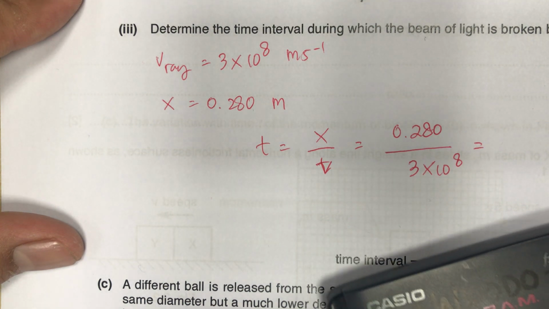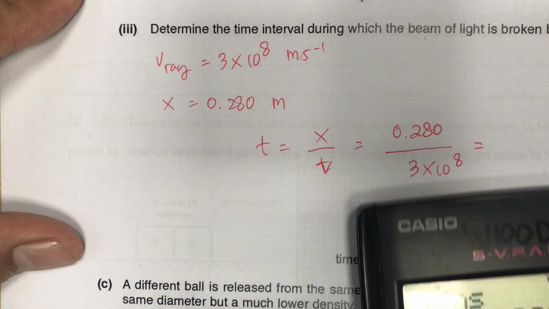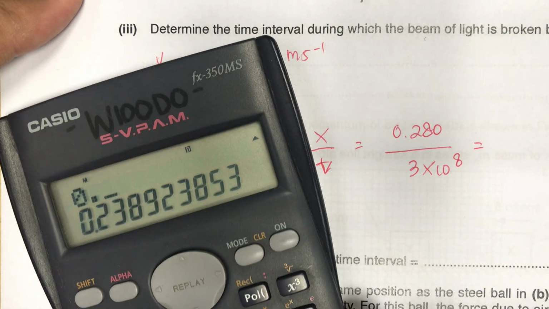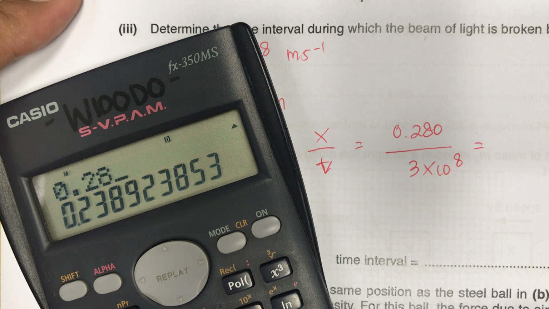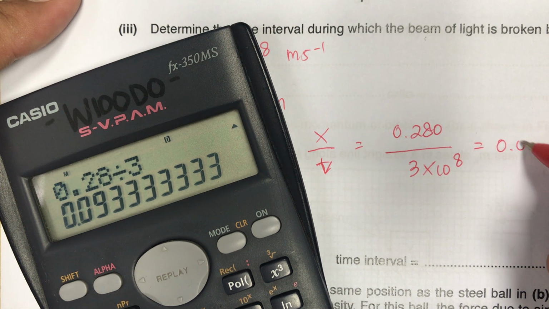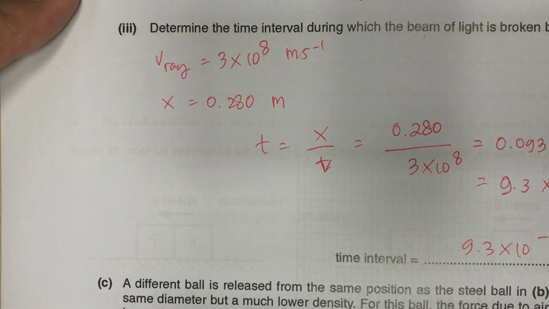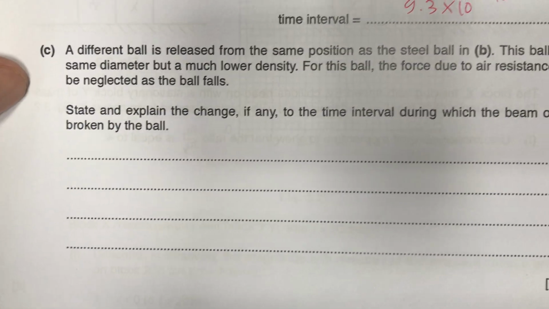So 0.28 divided by 3 is around 0.093, times 10 to the minus 8. So we can say this is around 9.3 times 10 to the minus 10 second. Okay, continue to the next question.